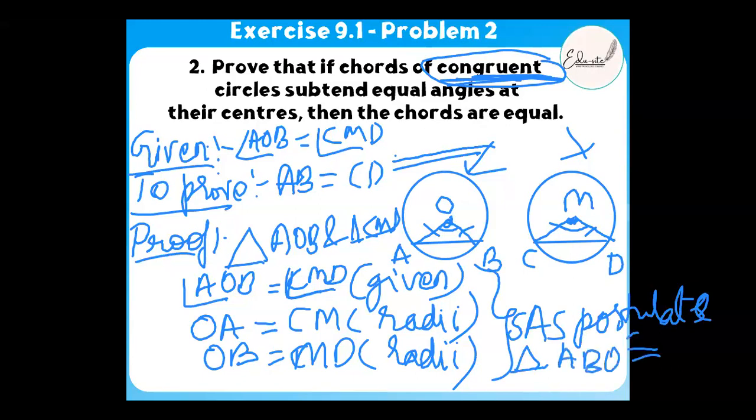Triangle congruency we have proved, right? If the congruency is proven, then what comes into the picture, Laiba? AB is equal to CD, right? This is what was left to prove. So CPCT, corresponding parts of congruent triangles, right, beta?